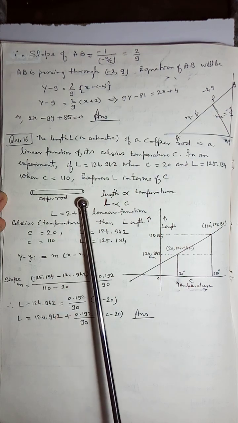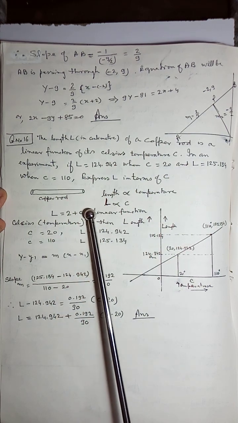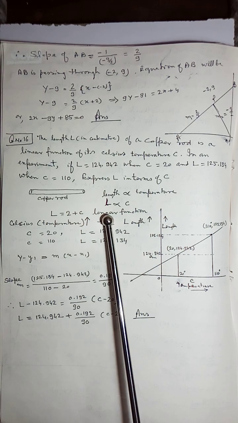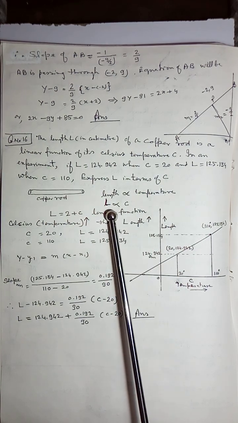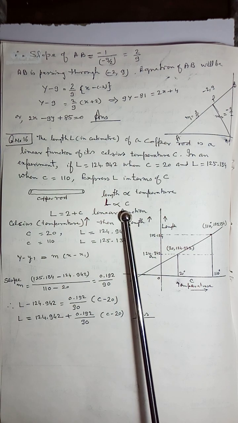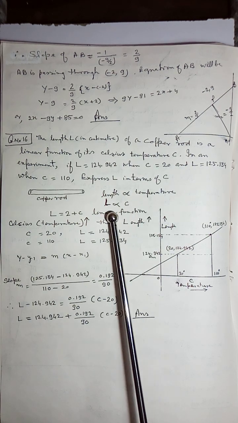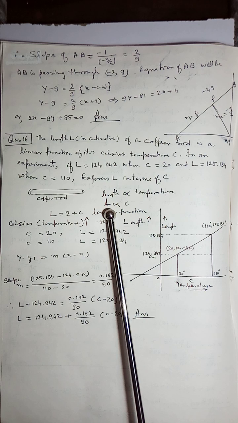You see the copper rod is here and let the length be L. So it is directly proportional to the temperature. Directly proportional means as you increase the temperature, its length will increase, it will expand.